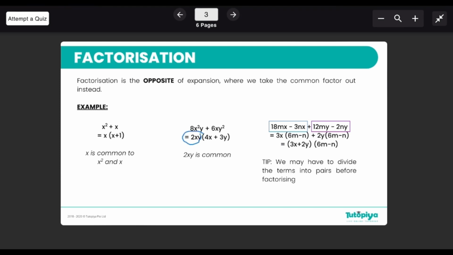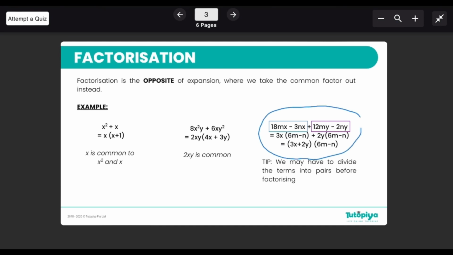So when I take out 2xy out of the first term, that leaves me with 4 and x, because 4 times 2 is going to give me that 8, and I need another x to get the x squared. Similarly, I need the 3 here, so that 3 times 2 is going to give me 6, and the y into another y will give me that y squared, right? So it's very important to factorize very carefully, looking at the powers involved.